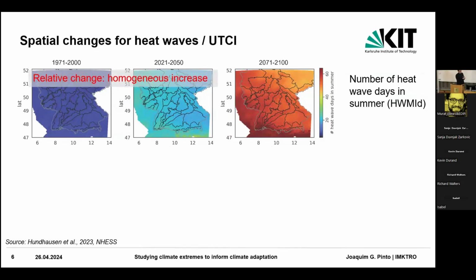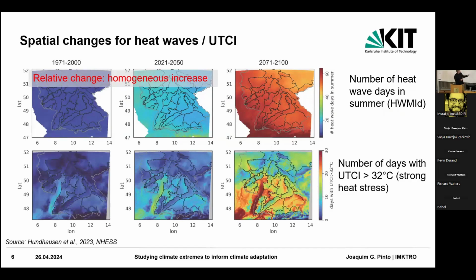This looks very different if we consider the index of thermal perception. So if you look at the recent climate, you already see the difference between the Rhine Valley, which is in this light blue color, so the lower part of the Rhine, compared to the surroundings. So there already we can have about 10 days of high UTCI values under current climate conditions.